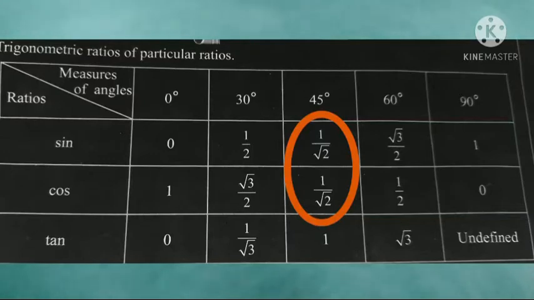If you remember the first values, that is sin values, for 0 degree, 30 degree, 45 degree, 60 degree and 90 degree, then you will be able to write all the values of cos. And if we divide sin value by cos value, we will get tan value. In this way, you have to learn this table and use it for solving the examples which are based on the values of these angles, that is trigonometric ratios.